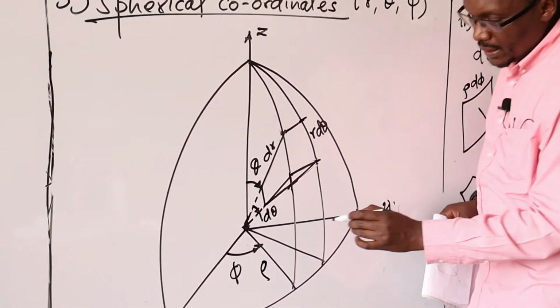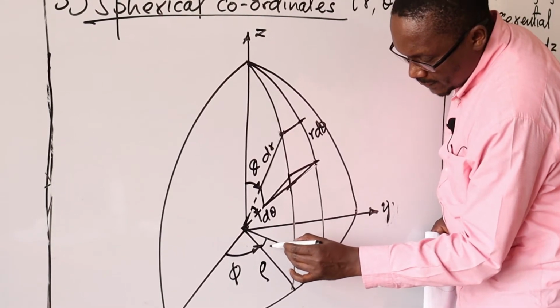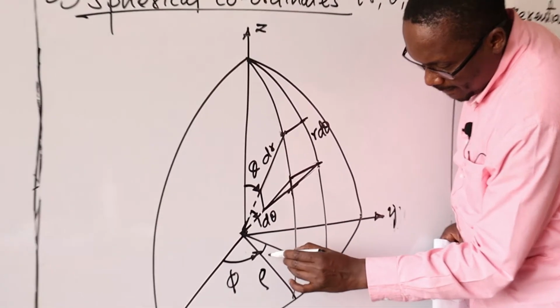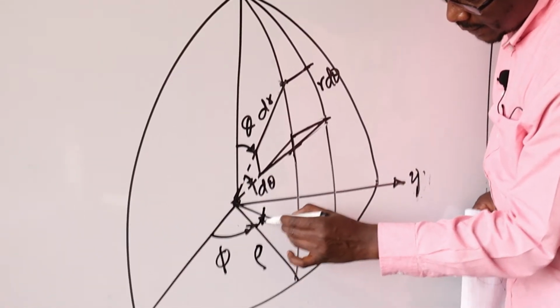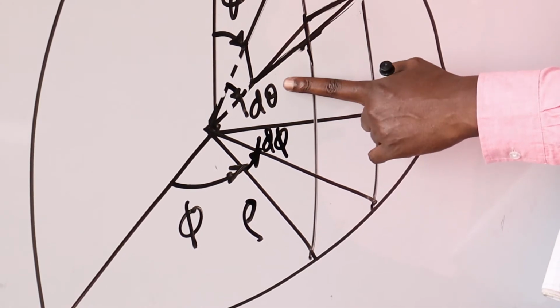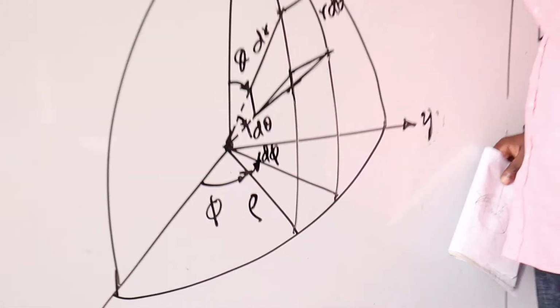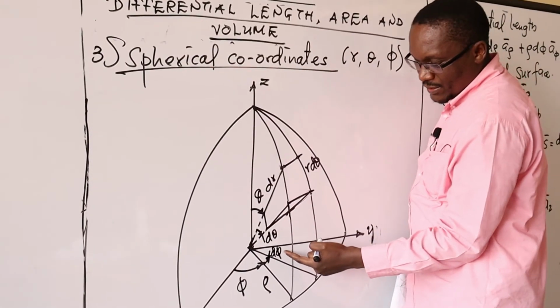Rho is our radius. This small section has an angle, and this angle is d phi. Remember to distinguish between theta and phi. This is theta, this is phi.